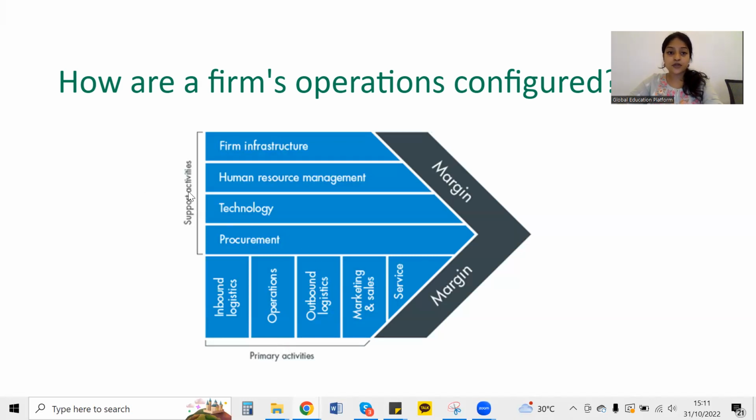Then you have the support activities, which would be the infrastructure of the firm, the human resource management, which will be the people resources. You have to be recruiting the right people. Then the use of technology and the procurement. So these joined together will actually decide how a firm should run and how the value could be created depending on the different segments. Okay.